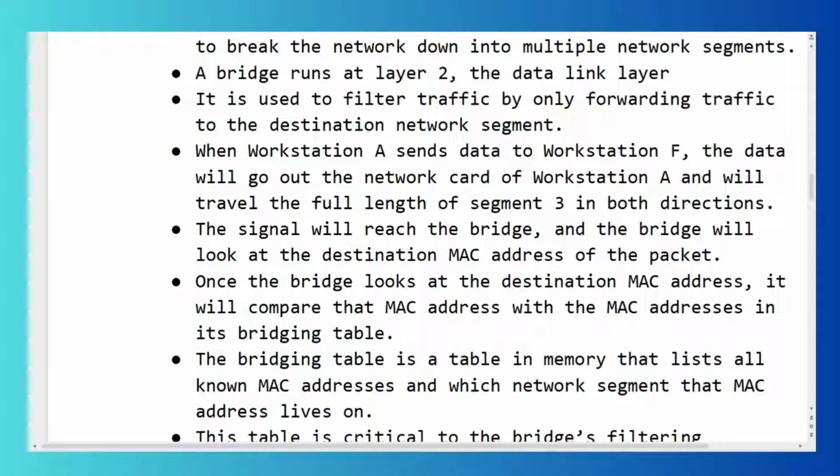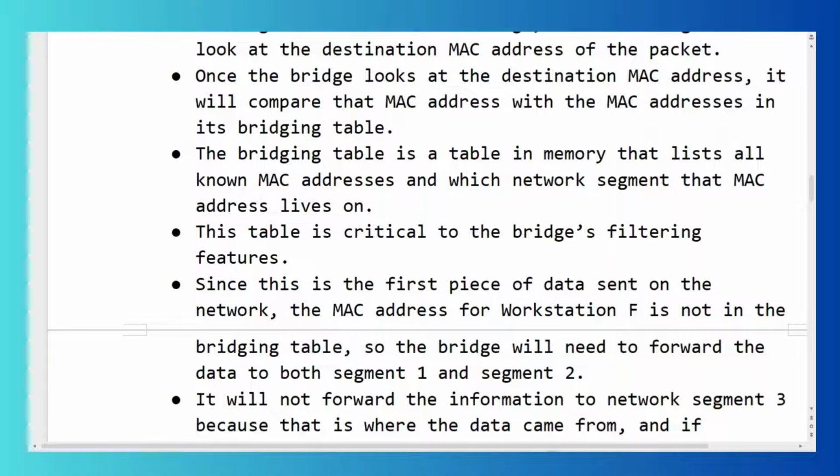Once the bridge looks at the destination MAC address, it will compare that MAC address with the MAC addresses in its bridging table. The bridging table is a table in memory that lists all known MAC addresses and which network segment each MAC address lives on. This table is critical to the bridge filtering feature.